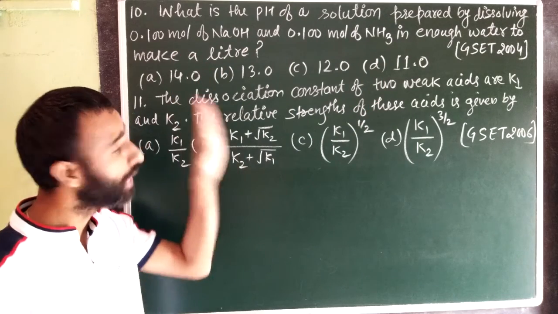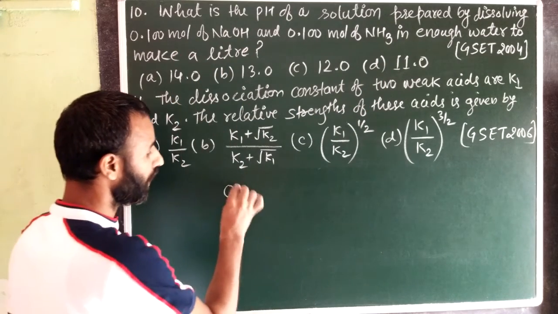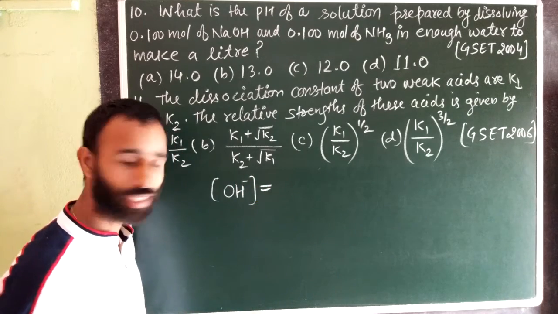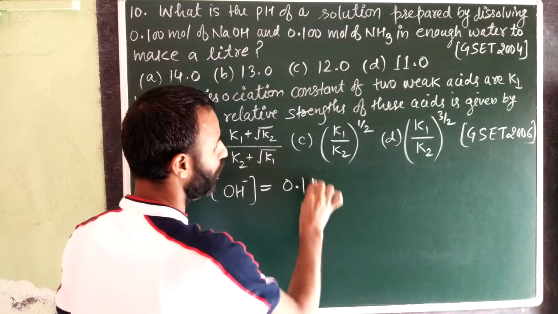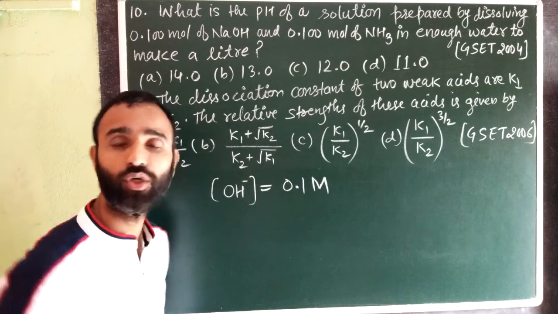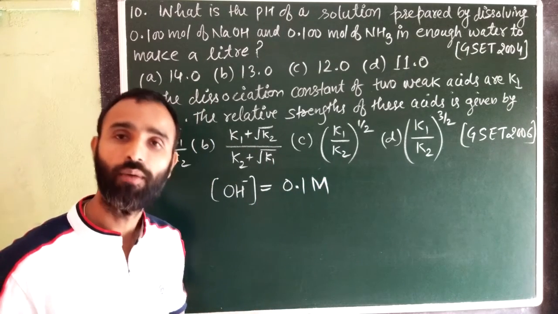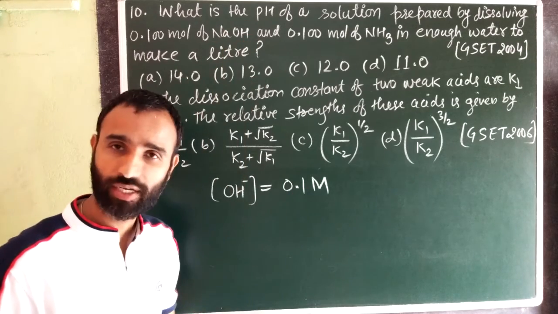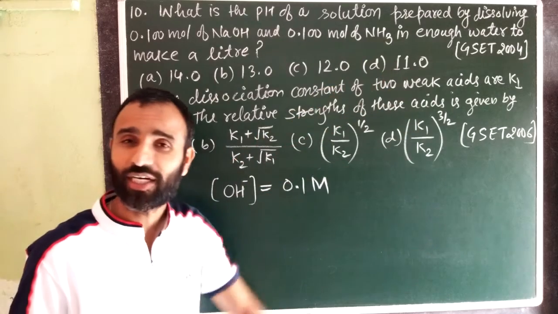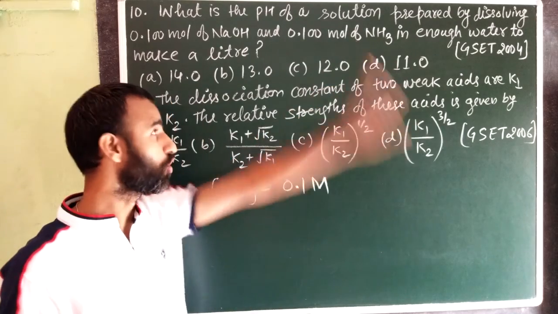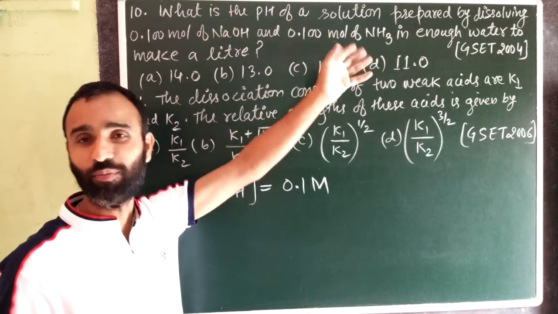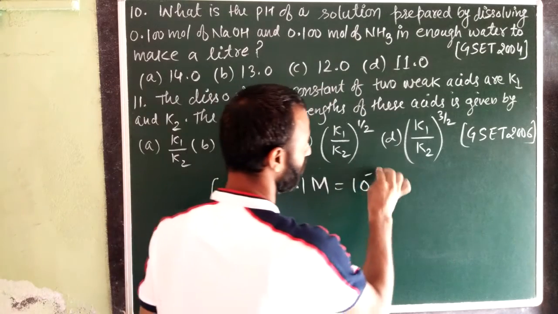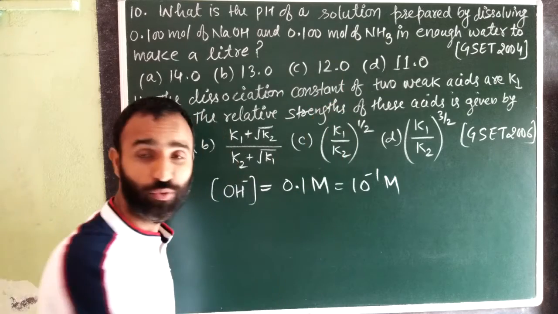That's why the main contribution of OH negative ion is from NaOH only. That's why the OH negative concentration is 0.1 mole per liter. In 1 liter, 0.1 mole of NaOH is there. Neglect the contribution from ammonia, because when a strong base is there, then the weak base has no meaning. It is just to confuse you.